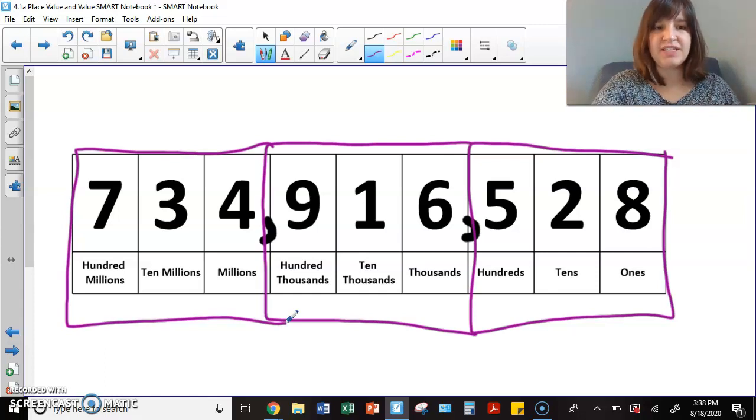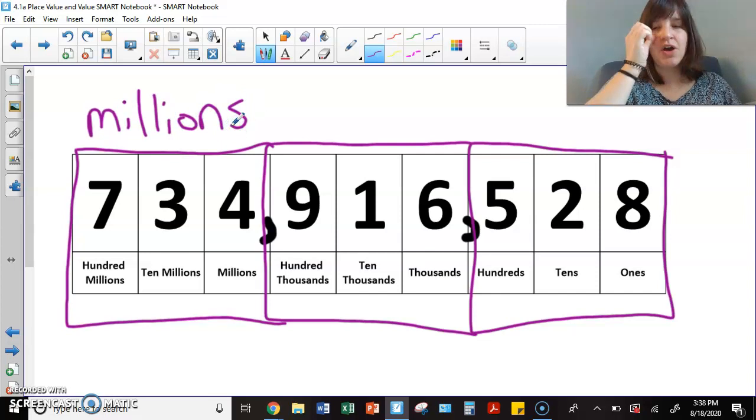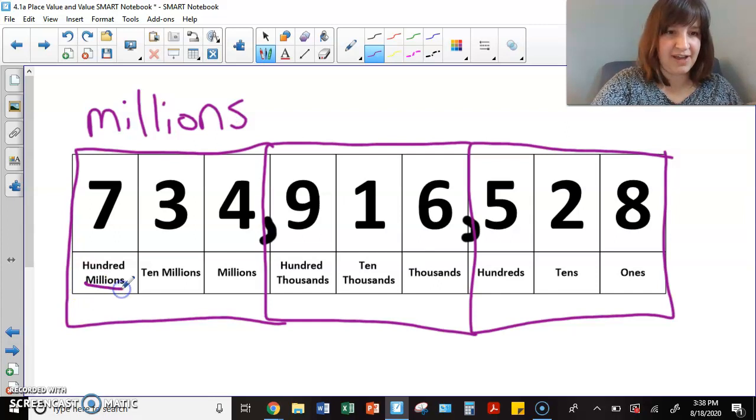Over here we have millions. This section of numbers are millions. They have different names in the places, and we'll talk about that in a minute, but all of those together are millions because they each have that word right here.